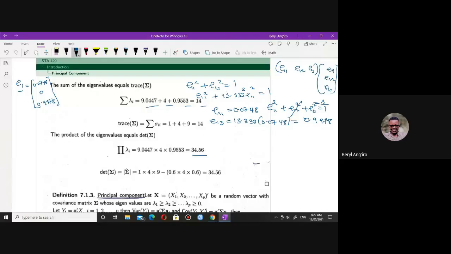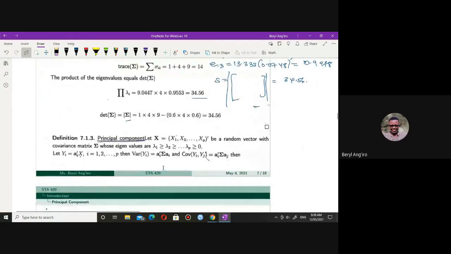And if you calculate the determinant of our matrix S, we also get 34.56. Hence the two properties are satisfied: the determinant of the dispersion matrix equals the product of the eigenvalues, and the sum of the eigenvalues equals the trace of the dispersion matrix, or the sum of the diagonal.